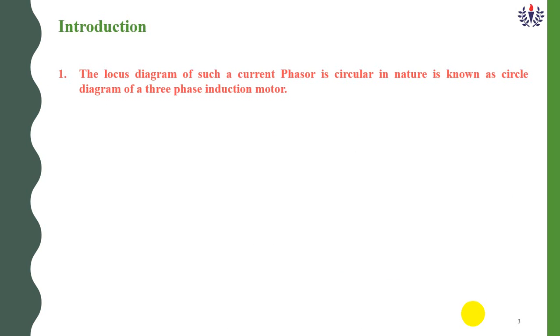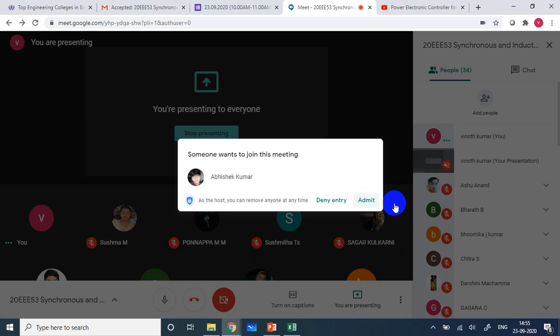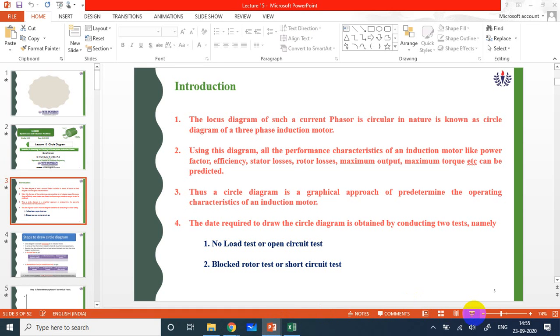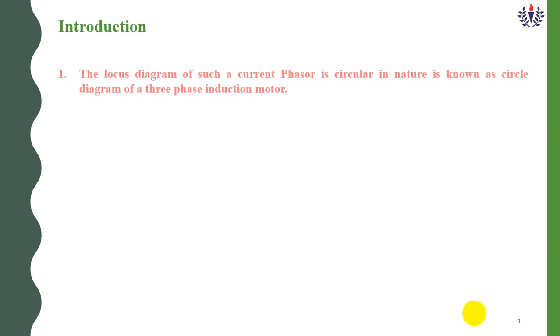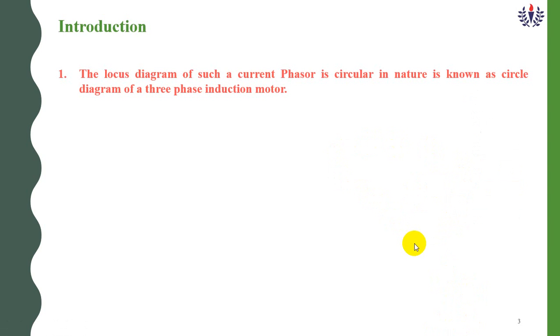Definition: the locus diagram of such a current phasor, which is circular in nature, is known as the circle diagram.